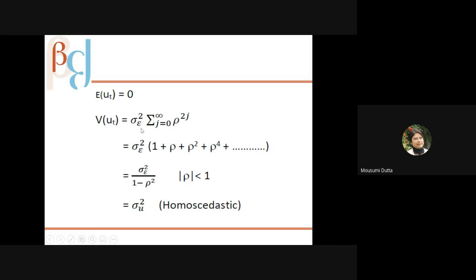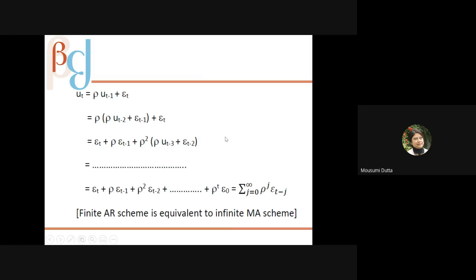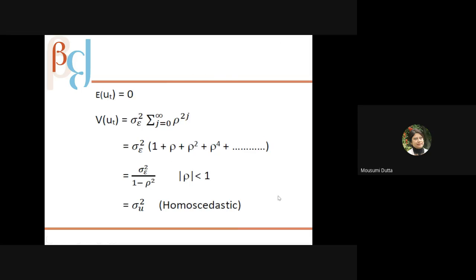Now the variance of epsilon t minus j is a constant, following the properties of a classical error. Epsilon is a classical error, so the variance of epsilon t minus j will be a constant. So we will get sigma epsilon square, which I am keeping outside the sum.